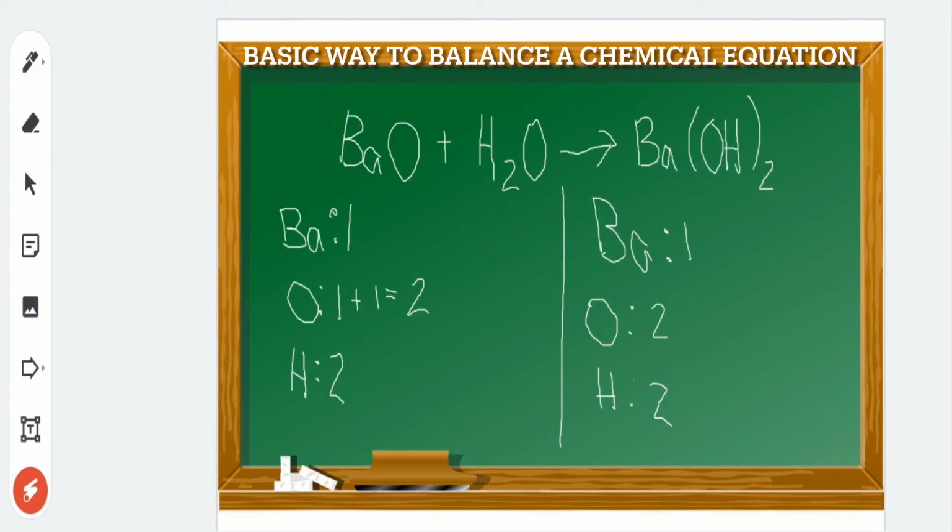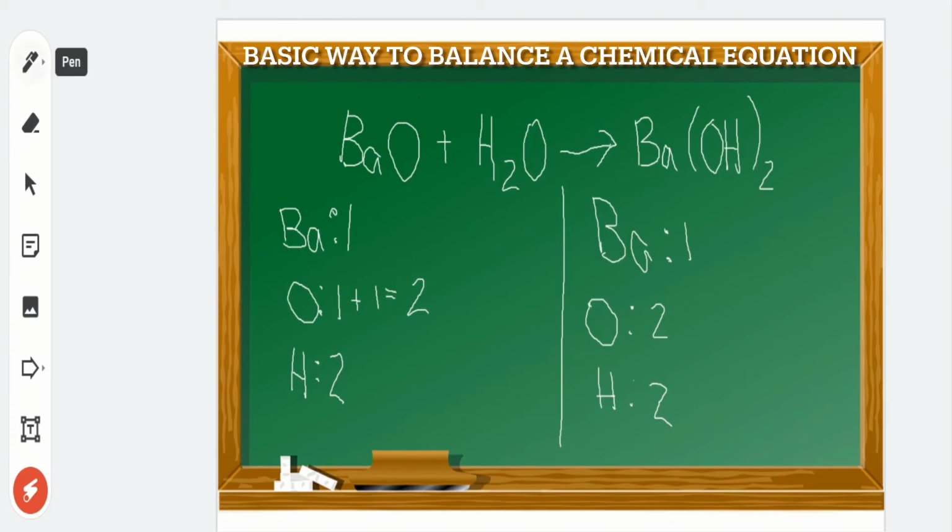Now, why do we need to identify the coefficient? So that we will know the ratio of each molecule. So, let's say for example here, understood na merong 1 dyan. Dito din sa molecule of water, meron din 1. At dito din sa ating molecule of barium hydroxide, meron din coefficient na 1.